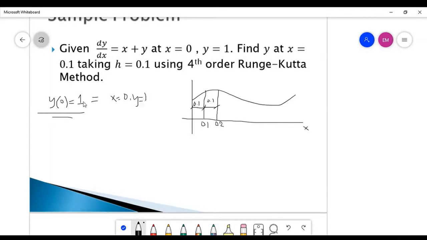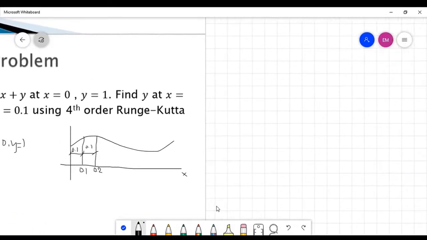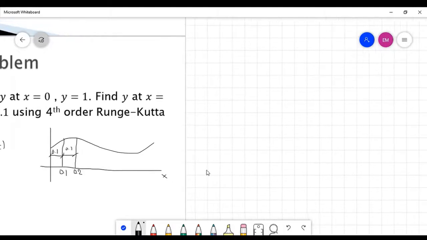They mean the same thing, they are just equal. Then, our equation is dy over dx is equal to x plus y. So, therefore, our function of x and y, again the right-hand side in this problem, is simply x plus y. Since this is just a direct substitution for this problem, we just have to copy the formula.